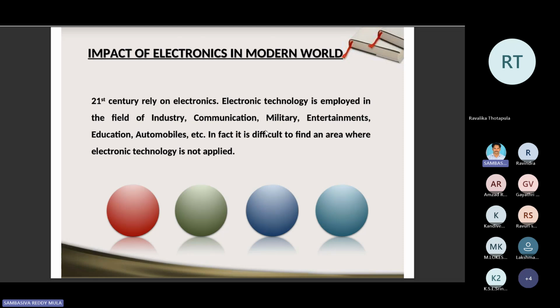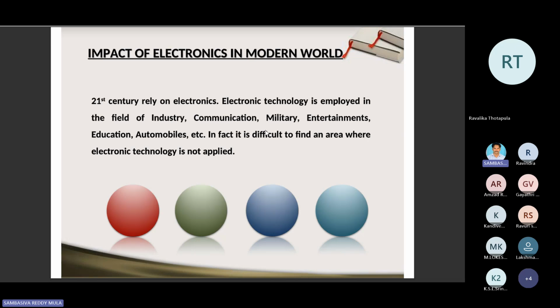So what is the impact? Even without knowing anything about electronics, we can imagine what the impact of electronics in the modern world is. Everything is smart devices. Smart devices contain embedded systems or the IoT, Internet of Things.